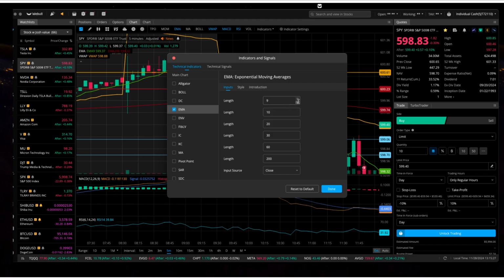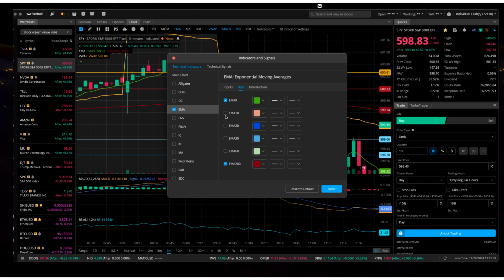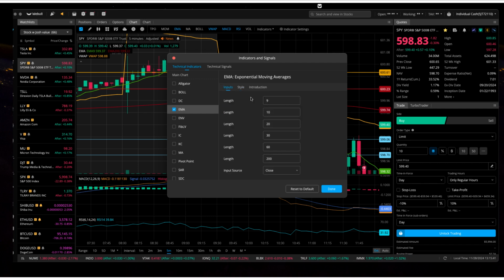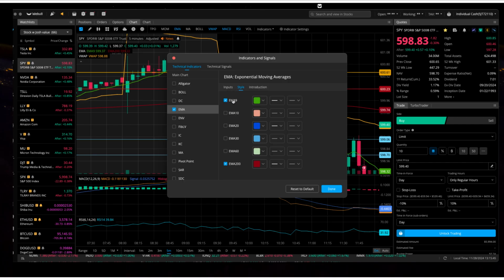You can adjust the EMA that you want, 9s, 10s, 20s, whatever you want. I just run the 9 and the 200 for day trading. That's what I do. Come to your style, and then you click which one you want after you've set the input. So the only two I've got checked are the 9 and the 200.